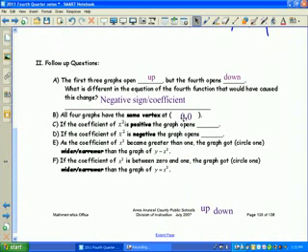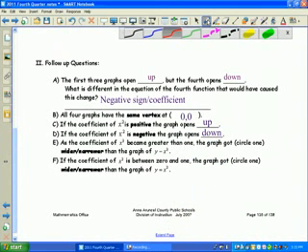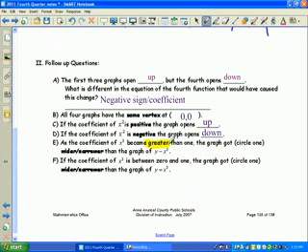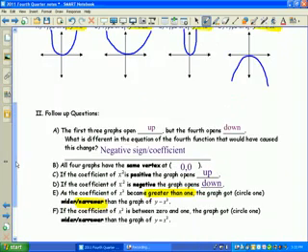If the coefficient of x squared is positive, it's going to open up. And if it's negative, it's going to open down. As the coefficient of x squared becomes greater than 1, so that's key, anytime it's something greater than 1, like 2, 5, 5.7, 7.8, the graph gets narrower.